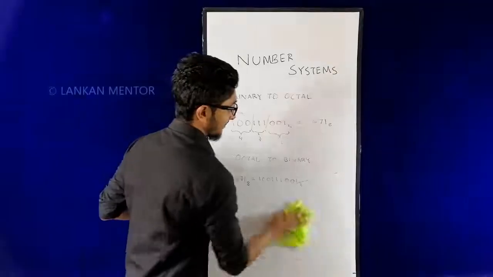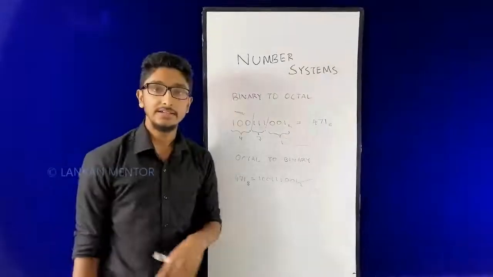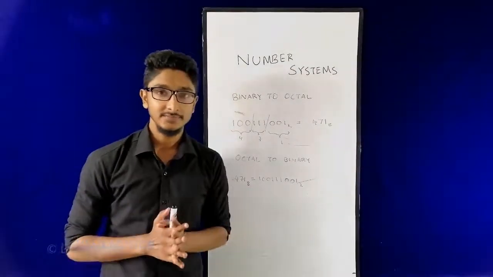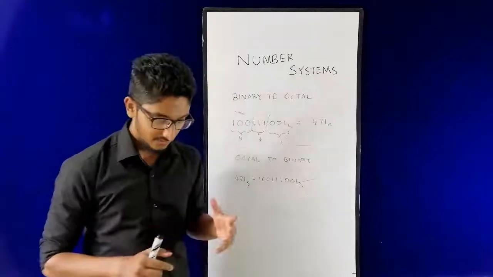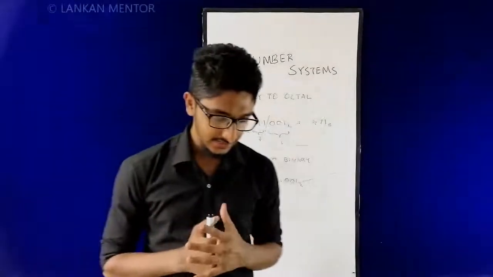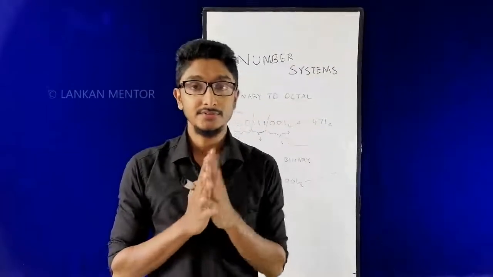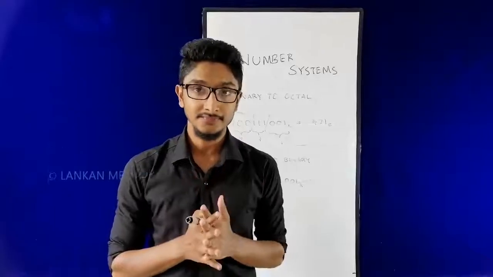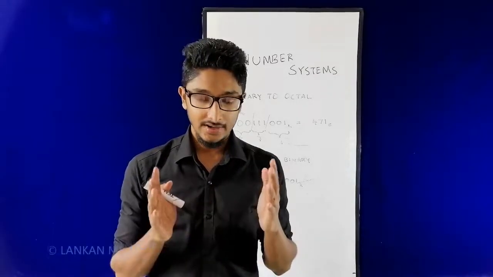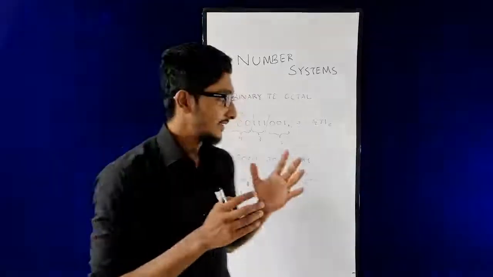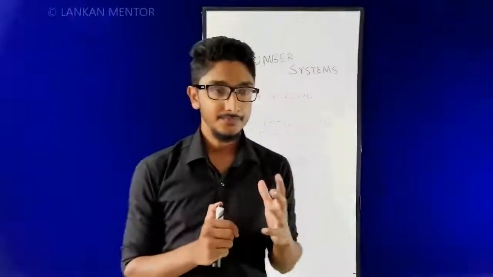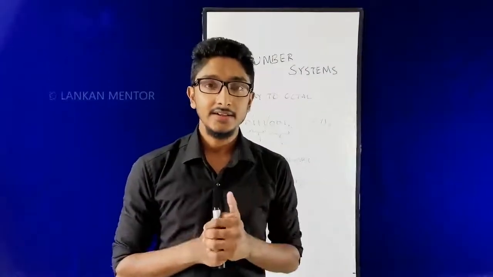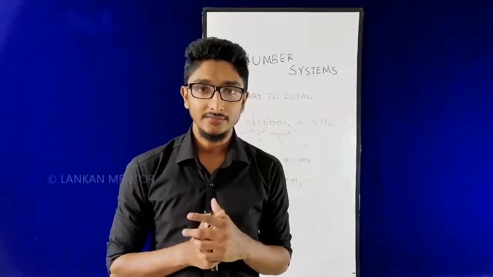So now this is all with the conversions with number systems. I hope you have gotten an idea on what these number systems do and how these are calculated. These number systems, I'm saying again, are for giving a value.